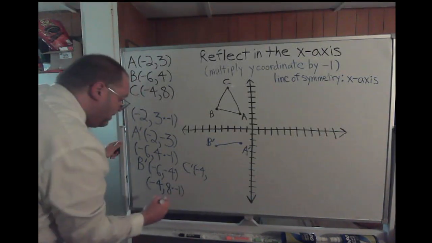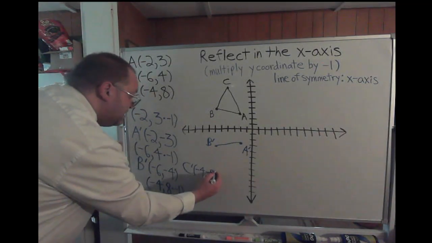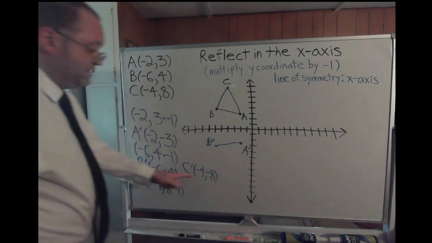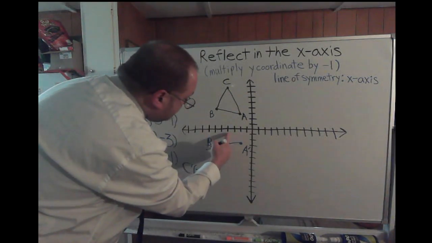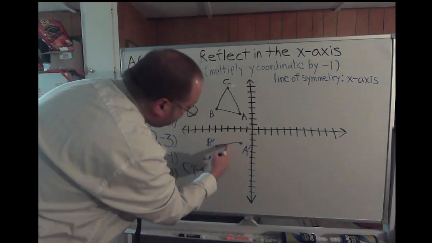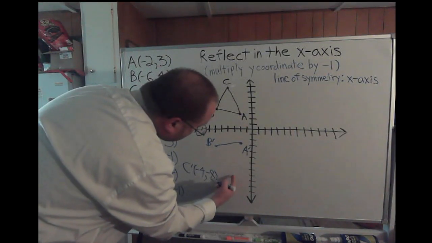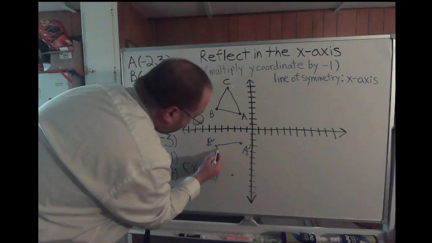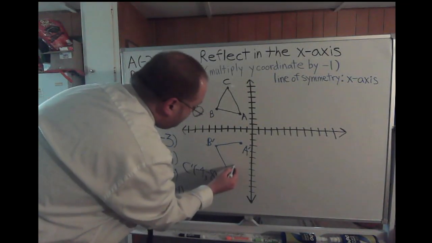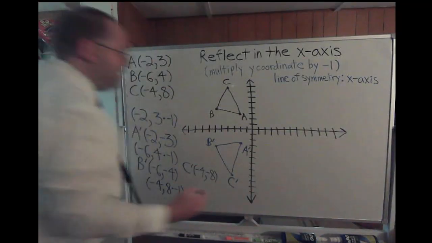Your y-coordinate, 8 times -1, is -8. So your C prime coordinate is -4, -8. So that's -4, 5, 6, 7, 8. Right about there. That is our C prime coordinate.